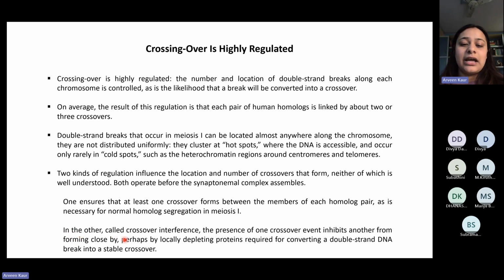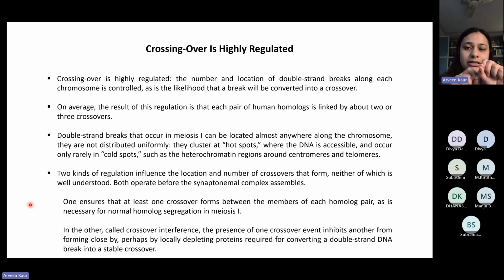The other regulatory mechanism is known as crossover interference, which means that the presence of one crossover event inhibits another from forming close by, perhaps by locally depleting proteins required for converting a double strand DNA break into a stable crossover. Okay, so this also I think we have gone over earlier. The two crossovers can't occur next to one another, right?